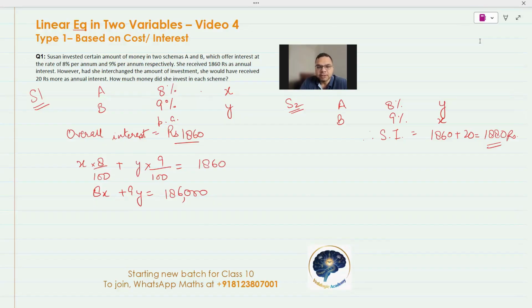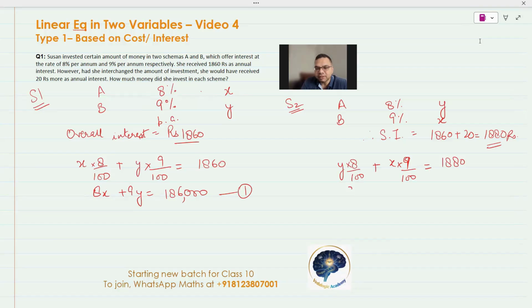So this is one equation that we have got. Let me write it down as equation one. Now look at the second scenario. What we have is y into 8% plus x into 9%, because the amounts are interchanged now, and the interest is 1880.